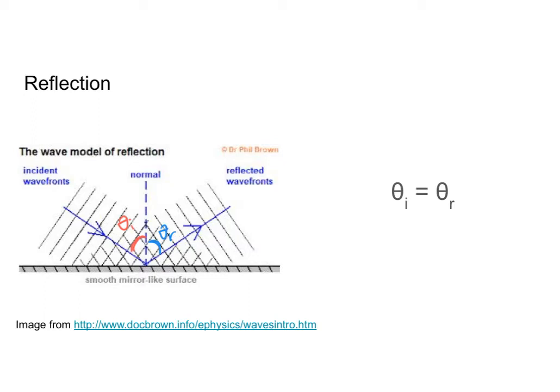So again, I want to draw my ray diagrams so that their angle is the same for our incident wave and our reflected wave. And you can see that equation here on the right. And again, a key takeaway, we're looking at the angle between the normal and our ray, not between the ray and the ground. So this is not the angle I'm talking about.